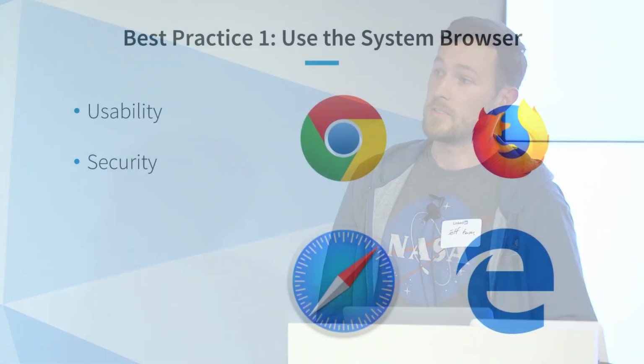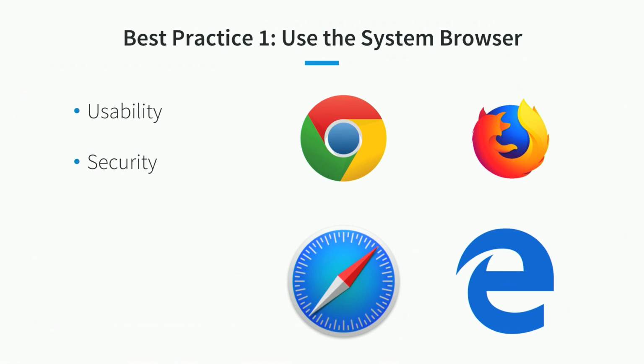So you don't have to have the user log in again. It's easier for them to grant their consent if you use the system browser rather than an embedded browser that has its own cookie store and doesn't have an active session. And then the second piece is obviously security. We just talked about this. The system browser is frequently the most up-to-date browser on the system. So that's another consideration.